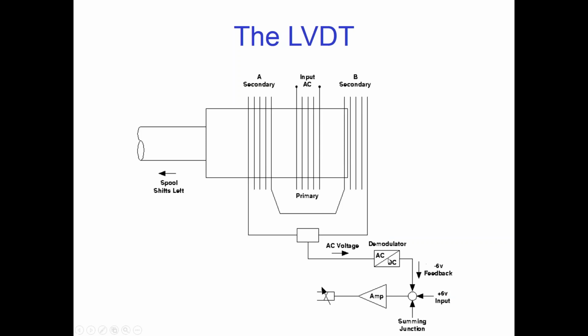So we're getting a negative 6 volt feedback and a positive 6 volt command signal. Those two are going to add up to 0. So as soon as the feedback from the LVDT matches the command signal, we stop building current in the coil, and it shifts proportionally to the command signal applied.